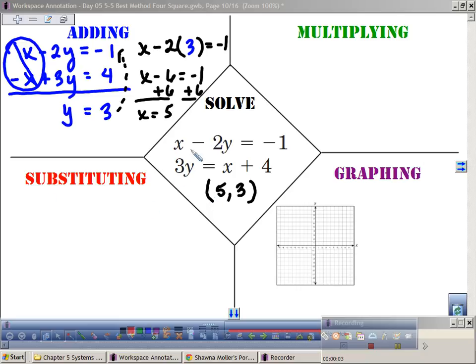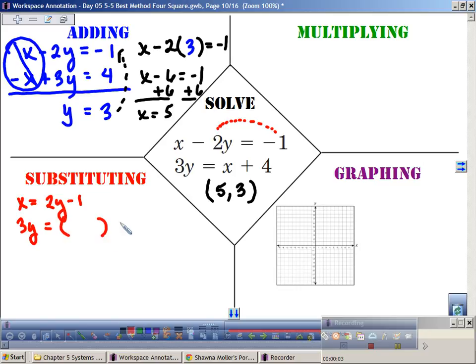Top one? Okay. So, when I add 2y and bring it over on this side, I get x equals 2y minus 1, and 3y equals, you want me to just substitute it right in, instead of writing x? Is everybody okay with that?